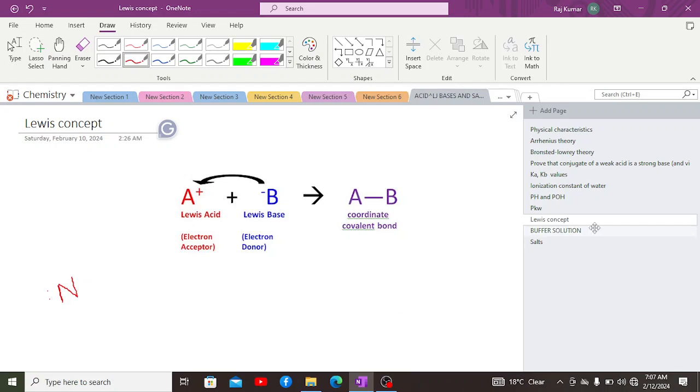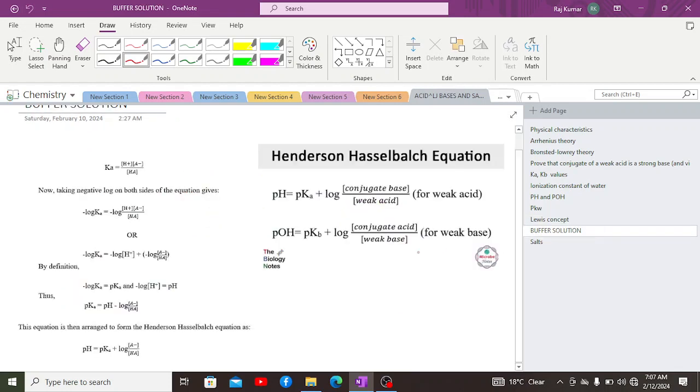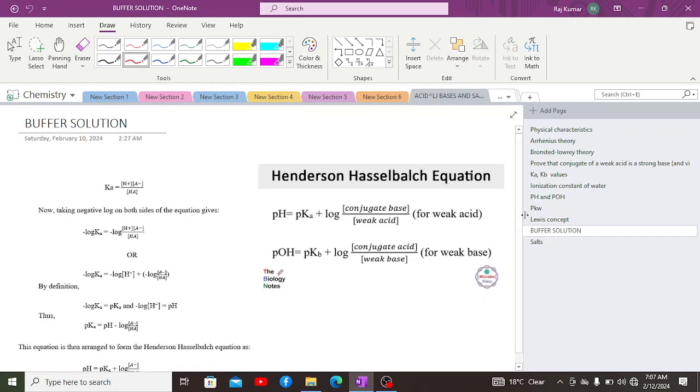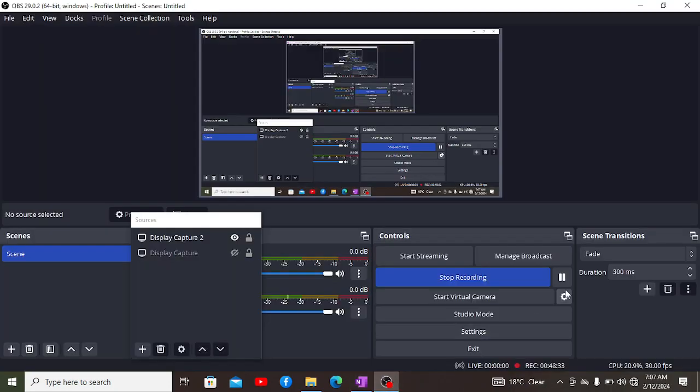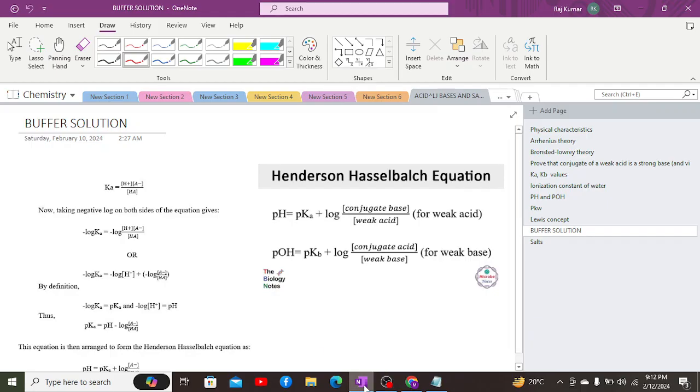Now coming to another concept here, which is the buffer solution. First, let us discuss what a buffer is. A buffer is a type of solution which resists a change in pH. It is a solution which prevents an added acid or base from changing its pH.